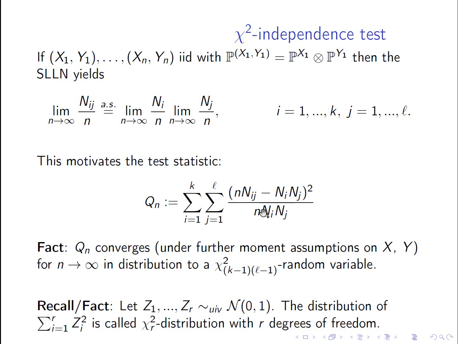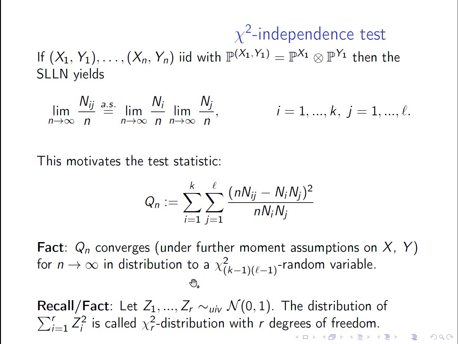So our test statistic compares the relative joint frequencies with the relative marginal frequencies, standardizes it, runs over all partitions, and then if we have summed this up, we get the test statistic Q_n, and Q_n converges to a chi-square random variable with (k minus 1)(l minus 1) degrees of freedom.